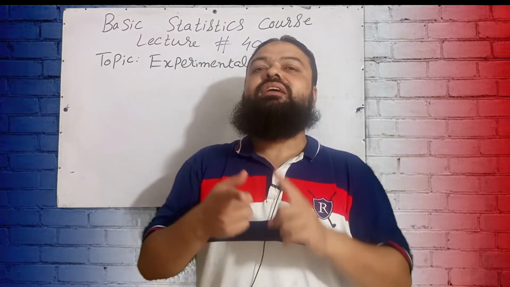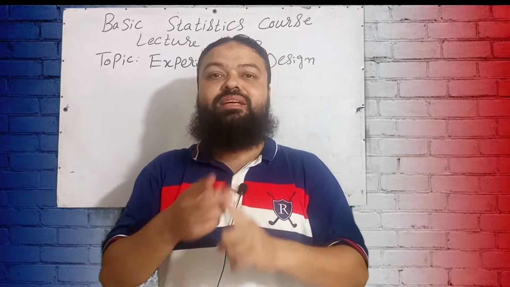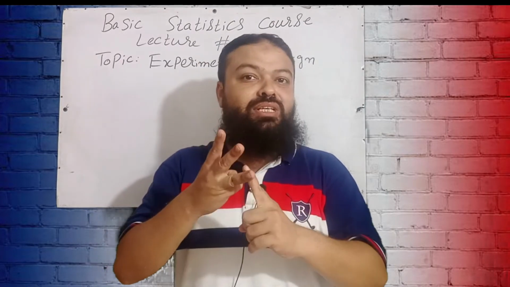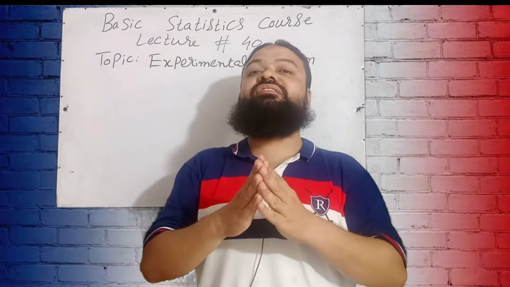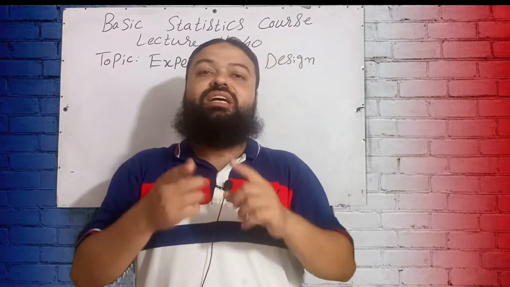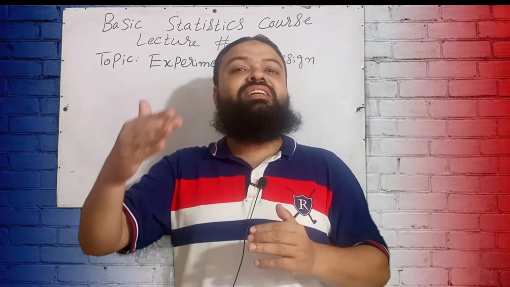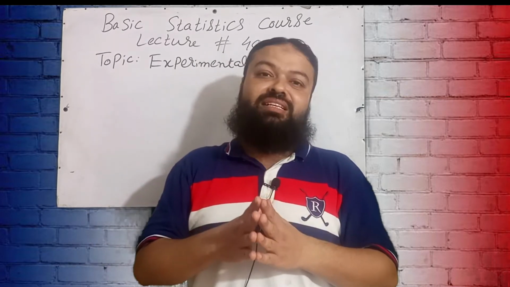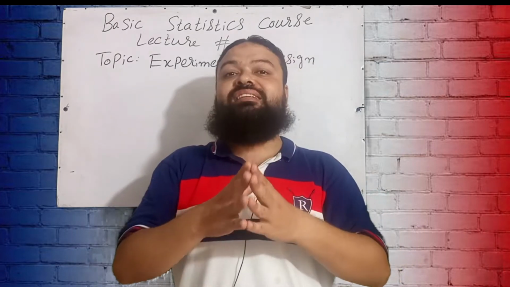We discussed what is experimental design, what is a treatment, what is the experimental unit, and we discussed CR design, and we discussed ANOVA table of CR design, and then we solved important numerical questions related to CR design of the experimental design. Today it is class 2 of that topic of statistics.